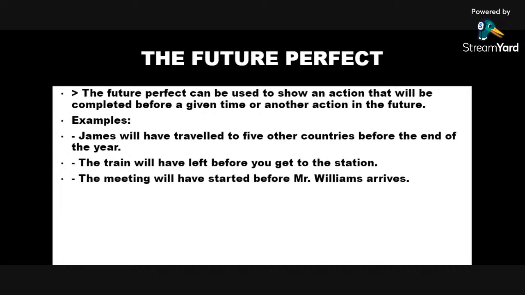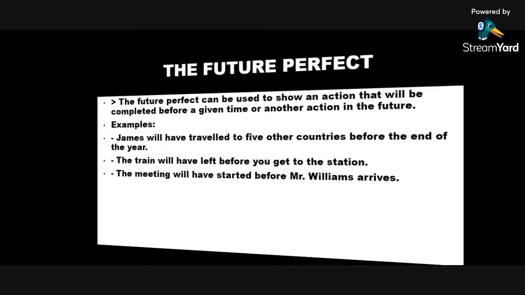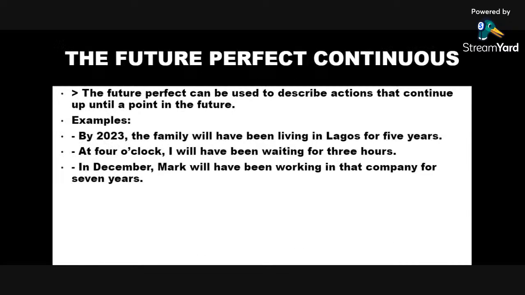Okay, so now let's move on and look at the next way of expressing future actions, and that is using the future perfect continuous. Now, the future perfect can be used to describe actions that continue up until a point in the future. For example, by 2023, the family will have been living in Lagos for 5 years.